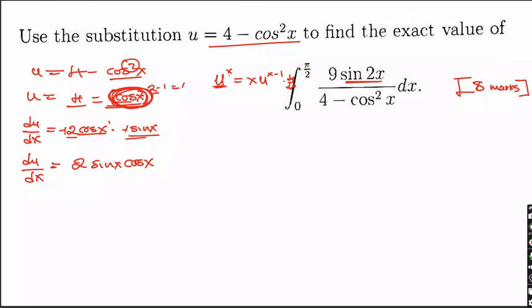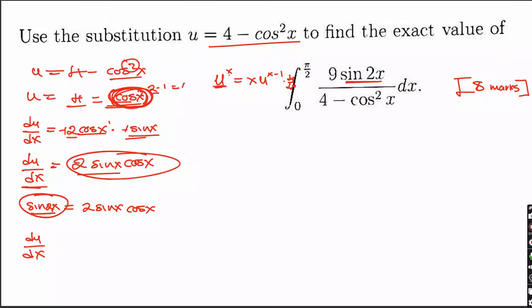So I can think of writing this as sine 2x, because from where we started with trigonometry, you can remember that sine 2x was just an identity for 2 sine x cos x. That means this our du dx is just going to be equal to sine 2x.